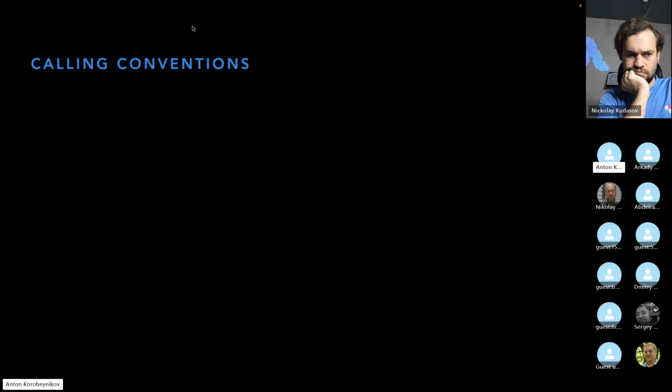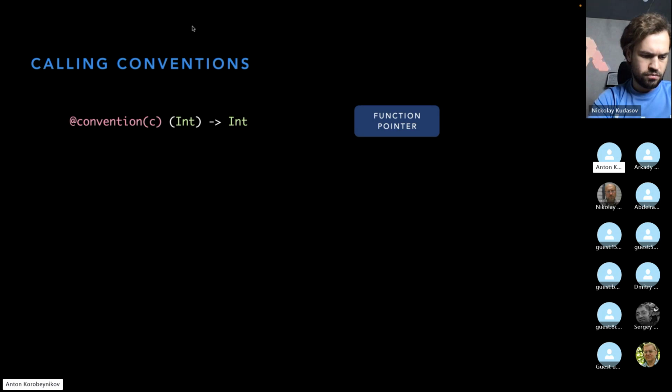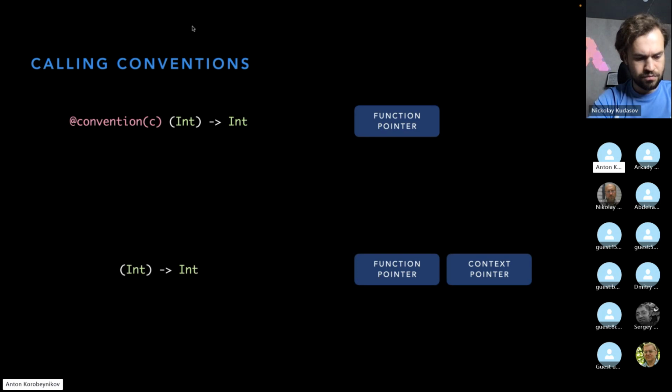Earlier I mentioned the calling convention, but actually there is another important reason, which is the function runtime representation, or application binary interface. In C, functions cannot capture values, and therefore C functions are represented as a single function pointer in Swift. But Swift functions can capture values, and therefore Swift functions are essentially represented as a bundle of two things, like fat pointers: a function pointer and a context pointer to capture values.